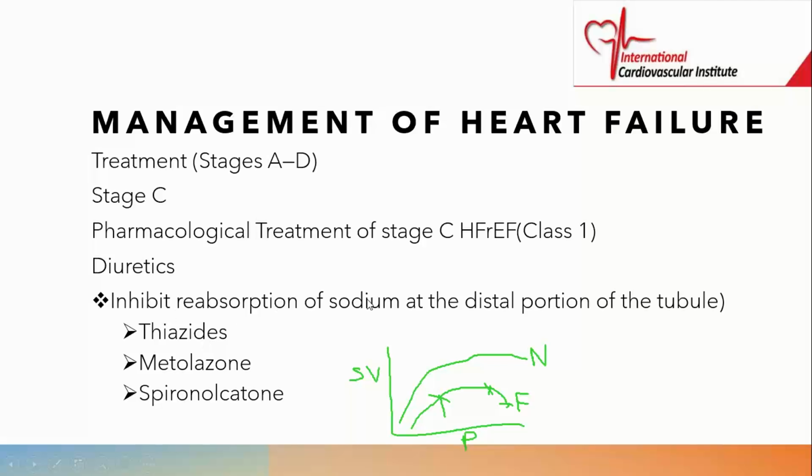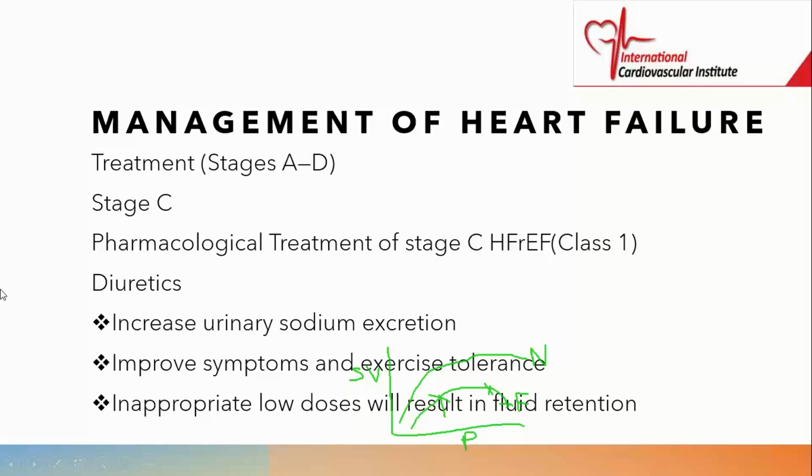And in this group, you have the thiazides, metolazone, and spironolactone. So as a result of inhibiting the sodium reabsorption, you have increased urinary sodium excretion, and that gives you symptom improvement and increased exercise tolerance. So again, all it does is decongest the patient. It removes fluid.